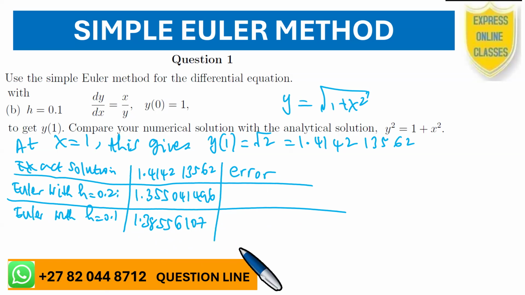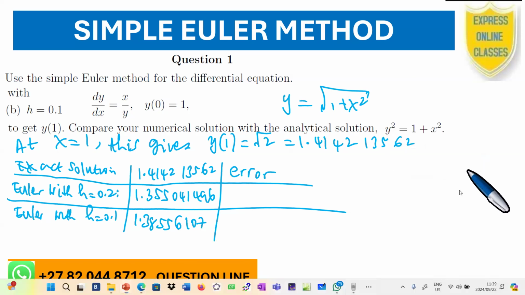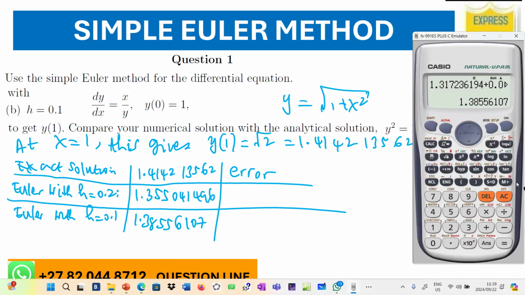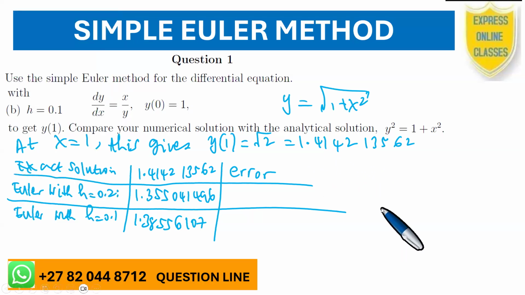Because we know that, once again, we have used the calculator. We can launch the calculator again and find the approximate value of the square root of 2 as a decimal fraction. So it is 1.414213562. Okay, that's what we have written.